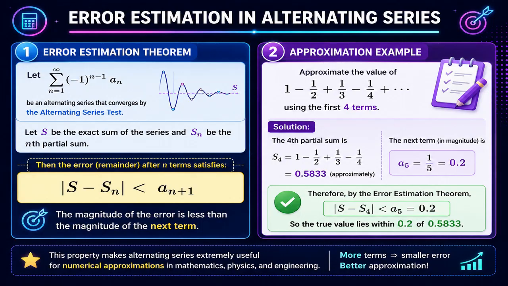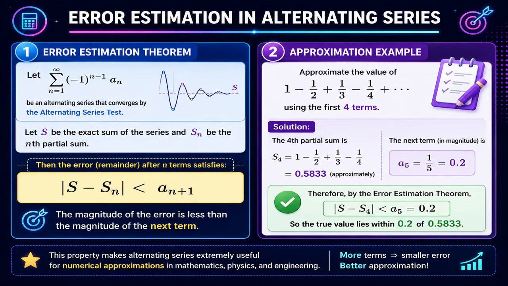The error estimation theorem states that if an alternating series converges by the alternating series test and we approximate its exact sum by stopping after n terms, then the absolute value of the remainder, or error, is strictly less than the magnitude of the very next term, a sub n plus 1. In short, the error is bounded by the first neglected term.